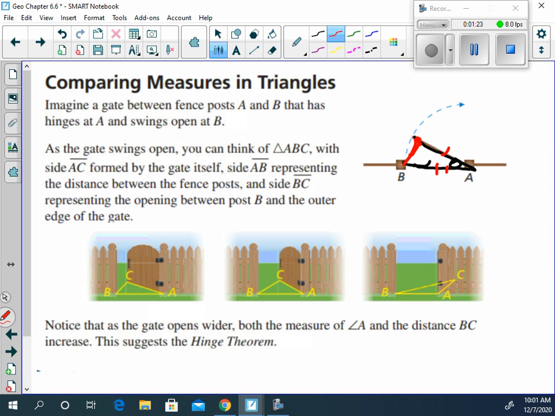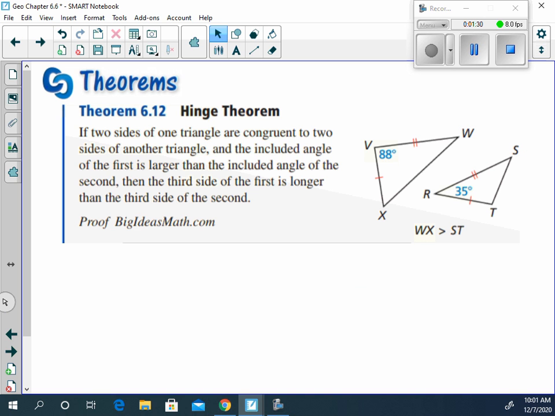So what the Hinge Theorem states is that if two sides of one triangle are congruent to two sides of another, kind of like I had two gates, and if one is open 88 degrees and the other is open 35 degrees, well, what do we think?